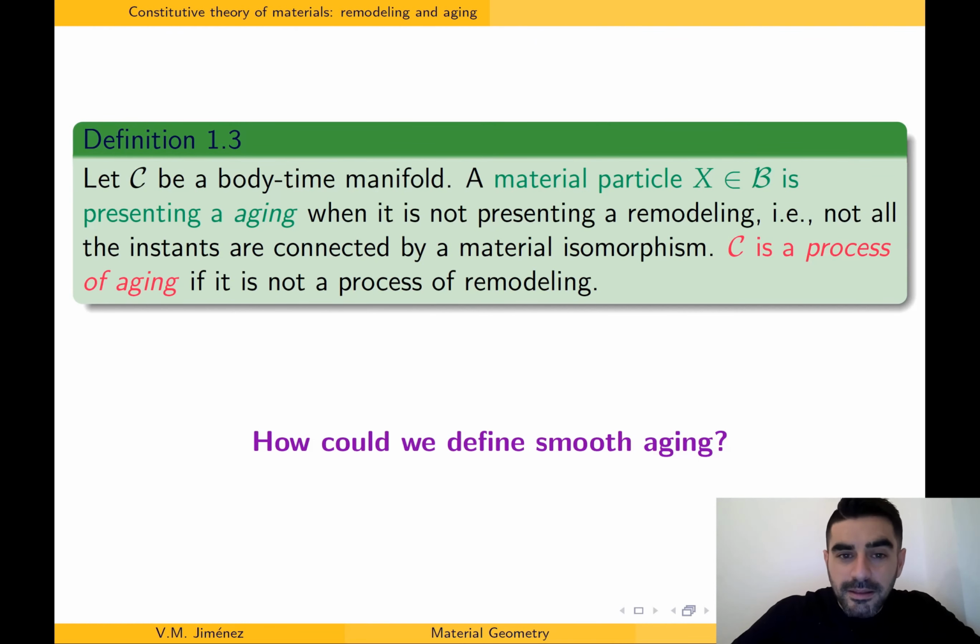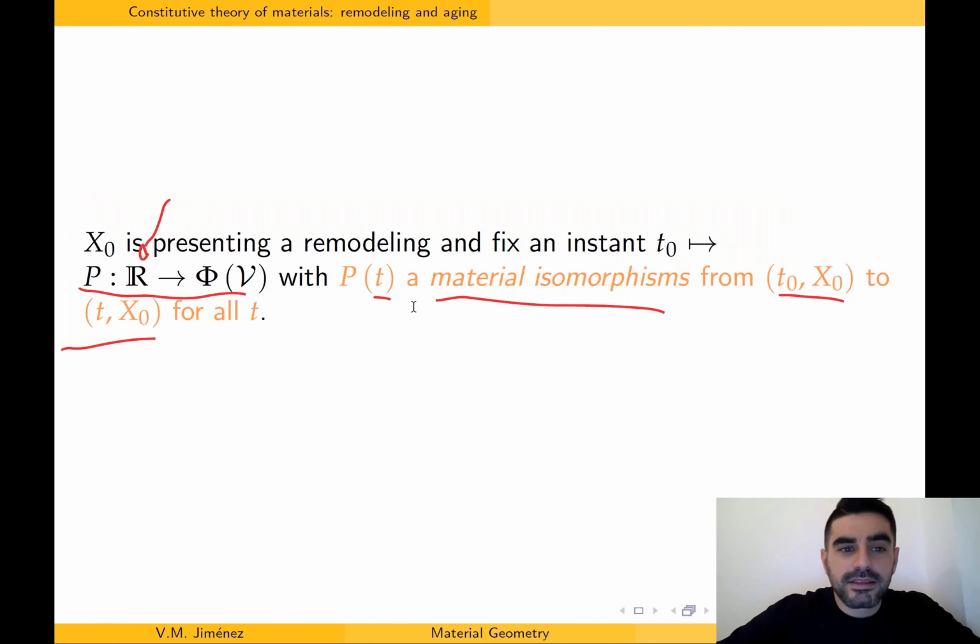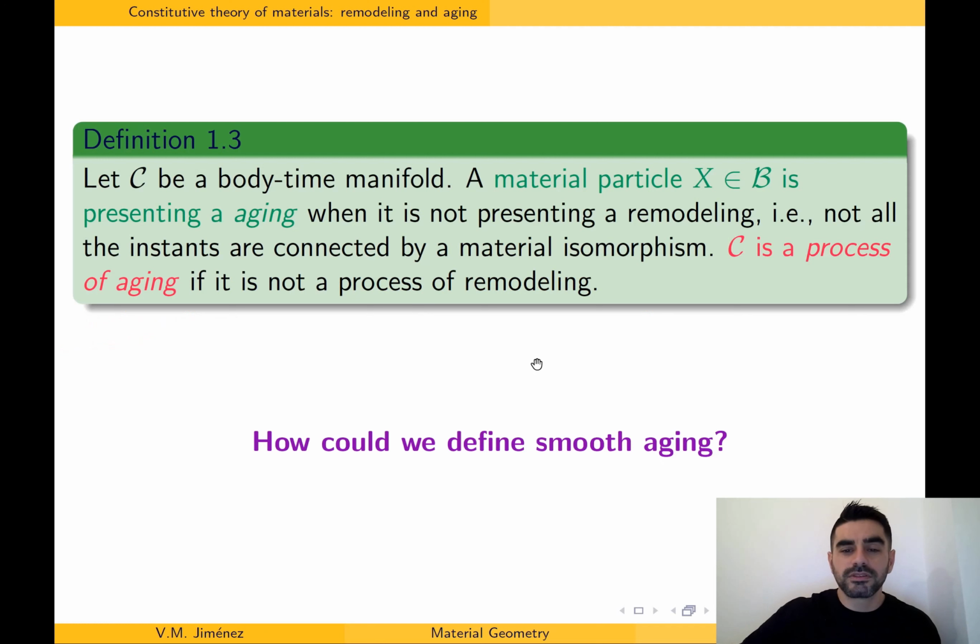Well, the smooth remodeling was defined using these maps, but aging by definition is the lack of these maps. So we cannot impose any condition of differentiability over any kind of maps, so it is not so easy to define a notion like a smooth aging, right?